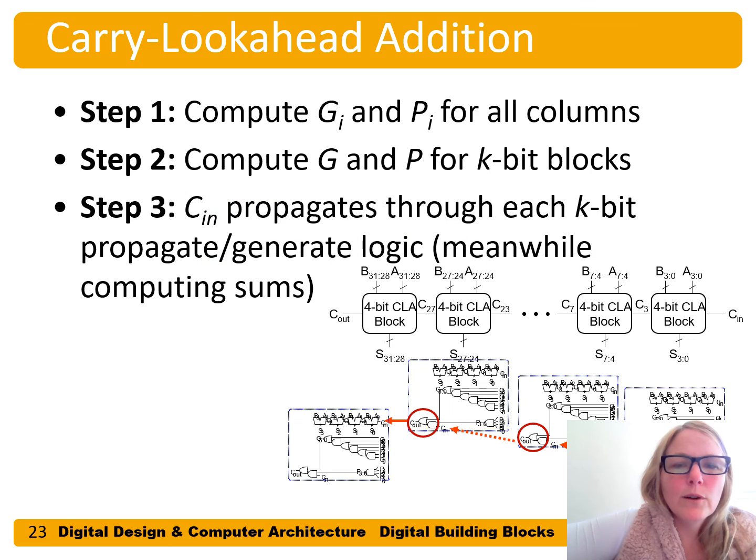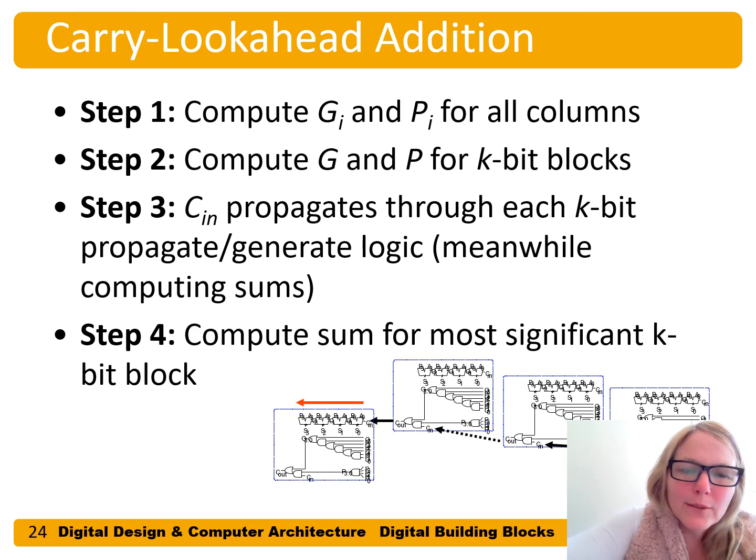And then we're going to speed through these last 2 gates to quickly calculate these block carry out signals: C sub 3, C sub 7, C sub 11, C15.